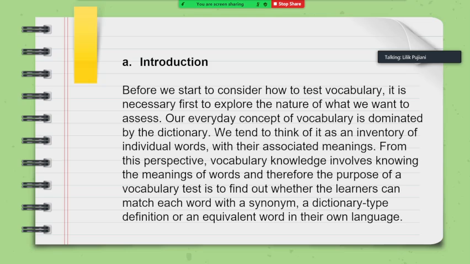We tend to think of it as an inventory of individual words, with their associated meanings. From this perspective, vocabulary knowledge involves knowing the meanings of words, and therefore, the purpose of a vocabulary task is to find out whether the learners can match each word with a synonym, a dictionary-type definition, or an equivalent word in their own language.